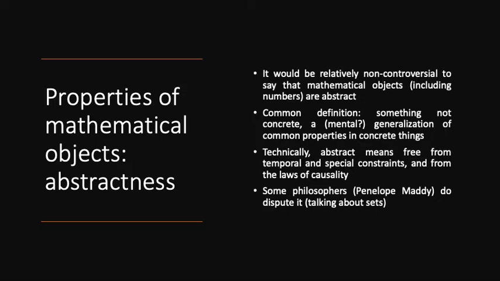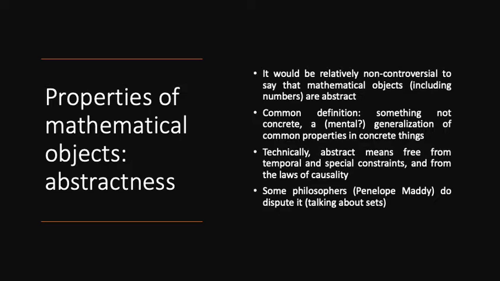In philosophy, there's a more technical definition of what abstractness implies, and that description generally includes the idea that an abstract object is free from space and time. That is, an abstract object cannot change with the passage of time. It cannot be different by being located in different places. It doesn't live inside space-time like we do.